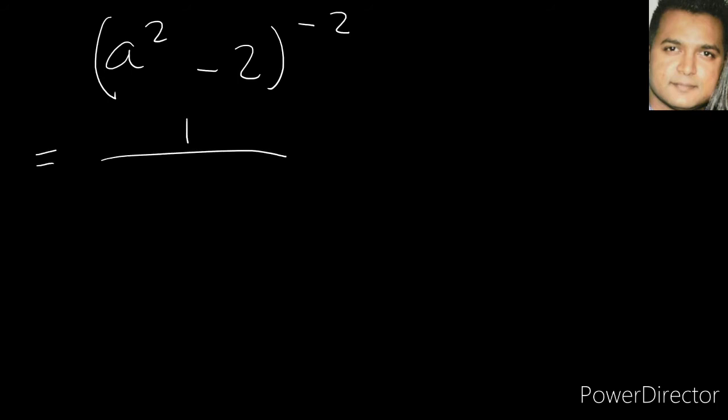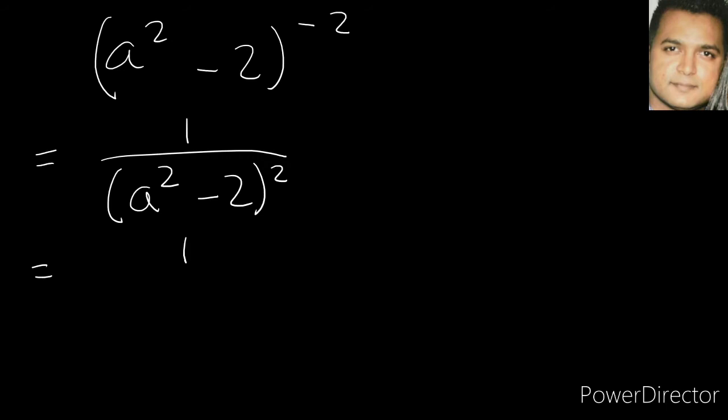In the next example, we have a squared minus 2 all raised to the power minus 2. So the easiest thing would be to put this over a squared minus 2 to the positive power, and we know that in the bottom we can clearly see it is squaring of a binomial.